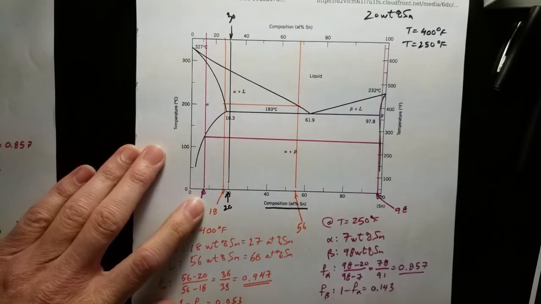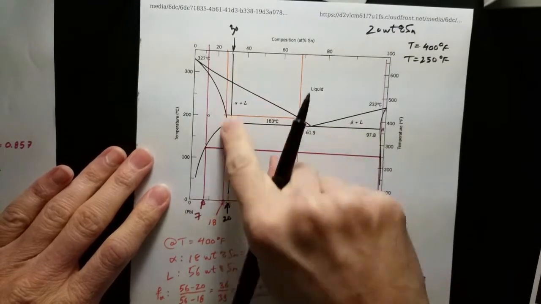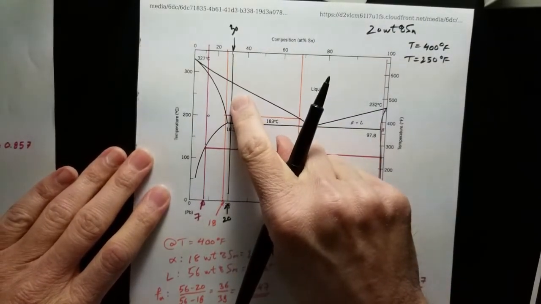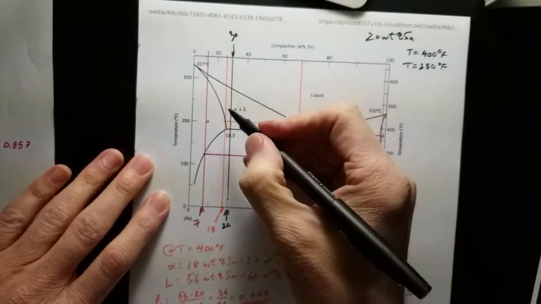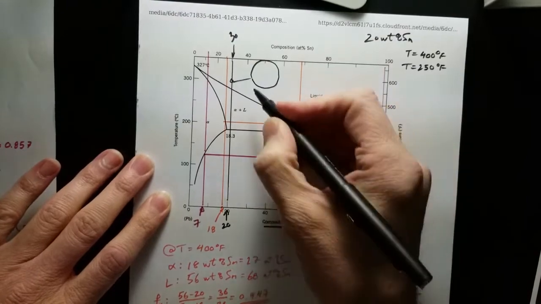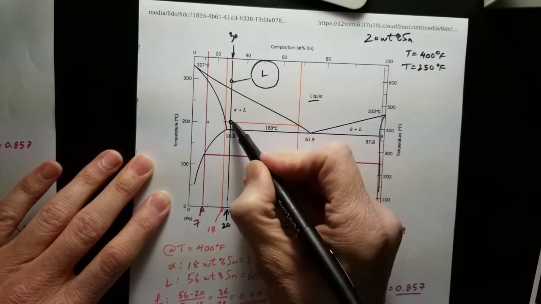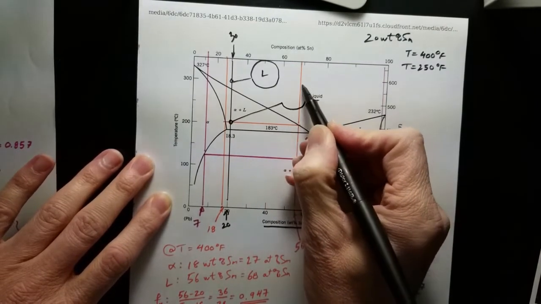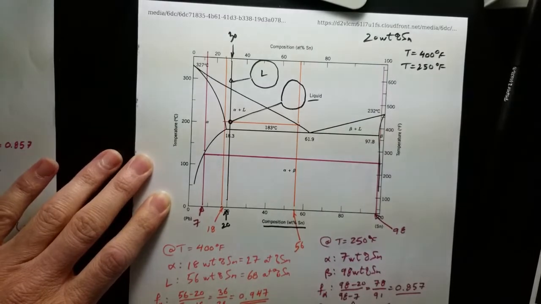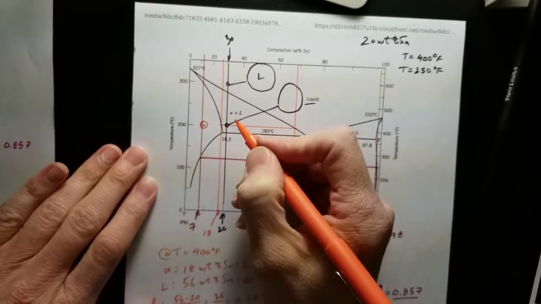And now the question is, what do the microstructures look like approximately, assuming that we have well-behaved solidification. So up here, it's all liquid. We drop into the alpha plus liquid range. And I'm going to make our alpha phase orange.